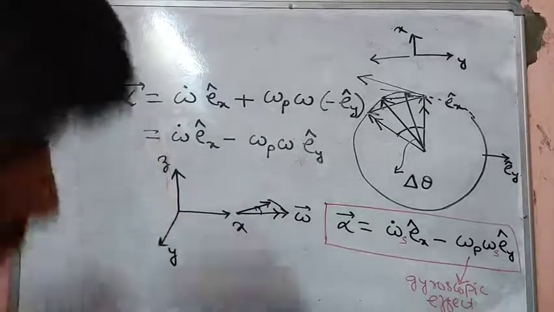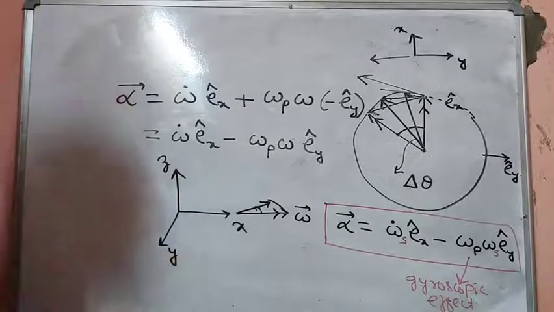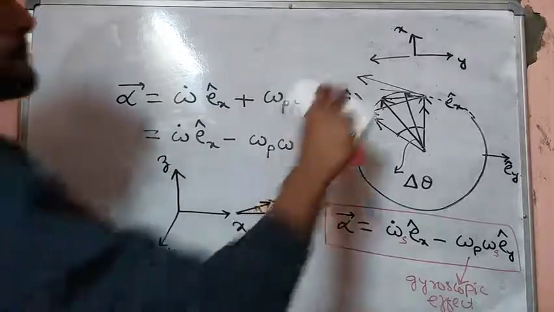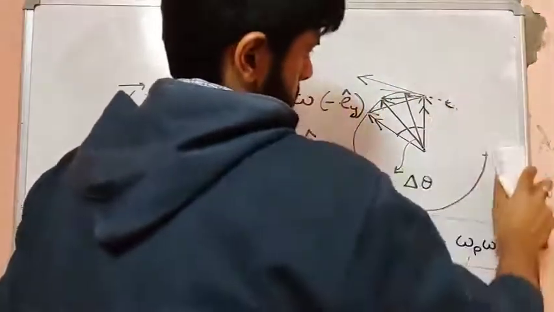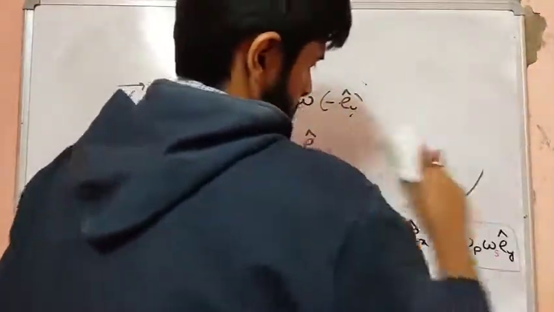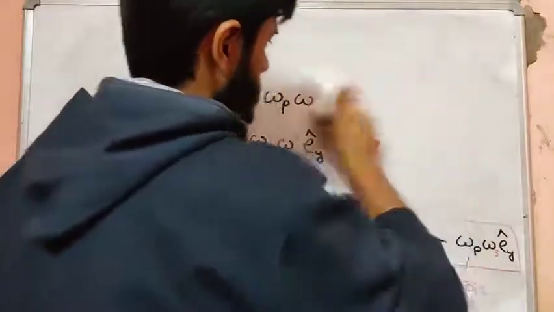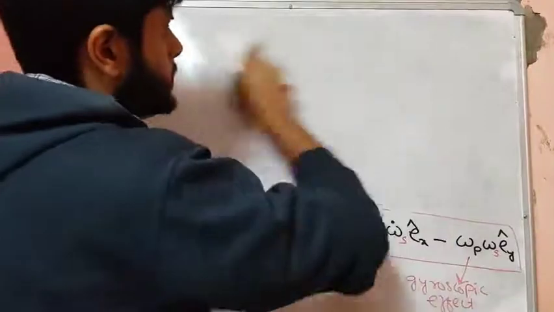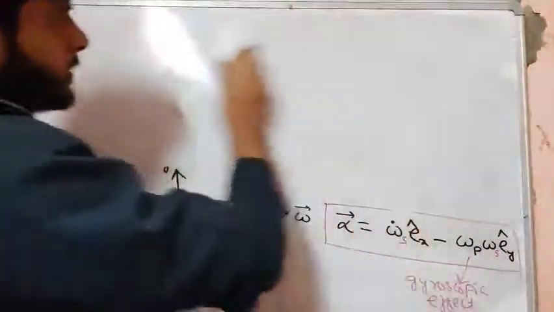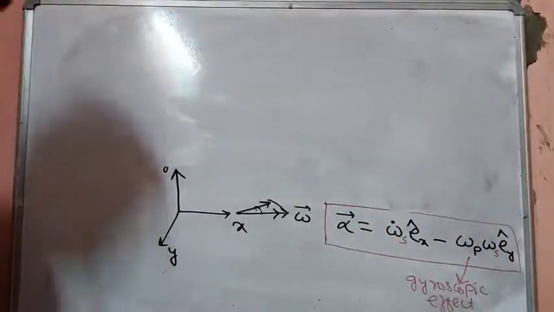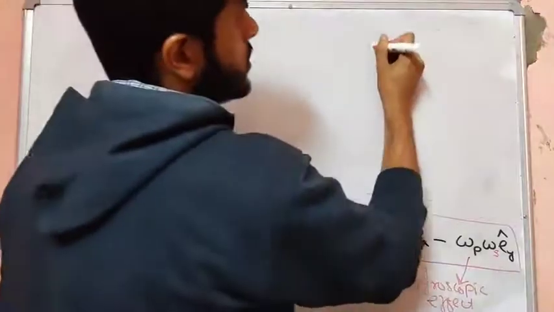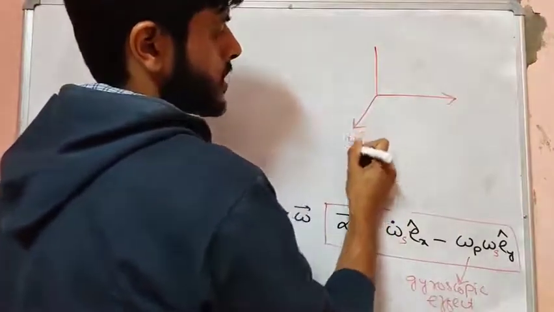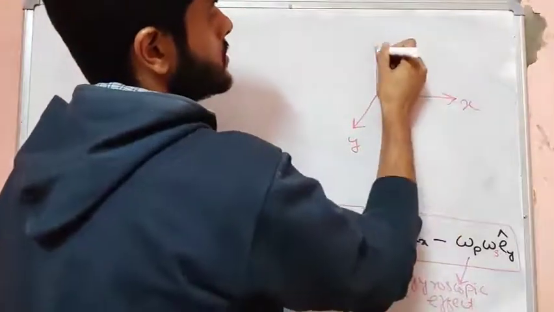Now let's understand why we have used this. If again we take our coordinate system like this, this is our y axis, this is our x axis, and this is our z axis.